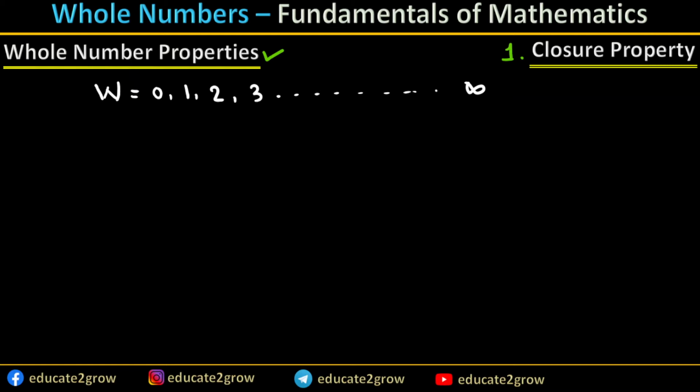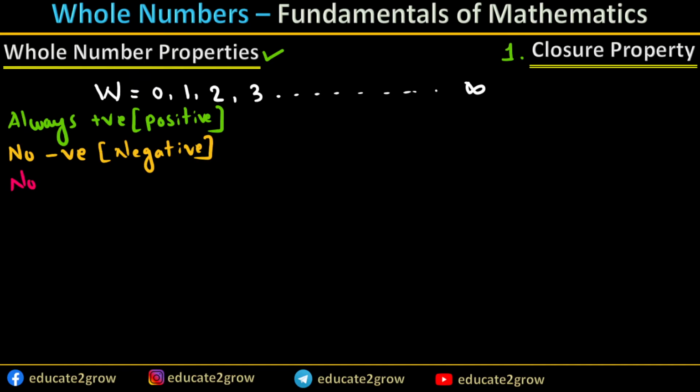Basically, a whole number is always positive, no negative, no fraction. Fraction is nothing but 1.2 or 2.3, something like that. There is no number like this in the whole numbers. So these are basically the characteristics of a whole number.